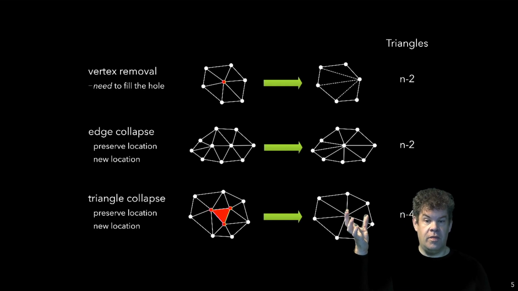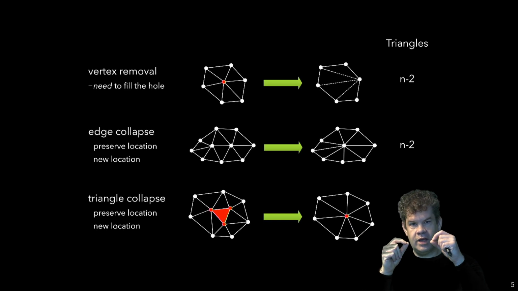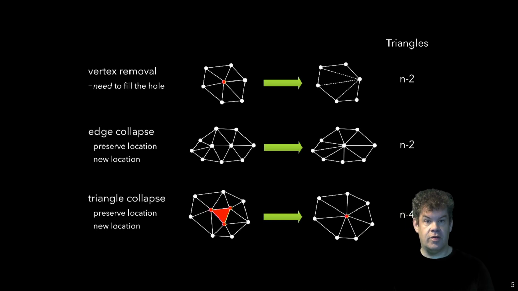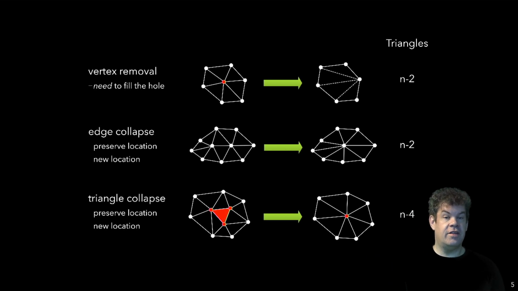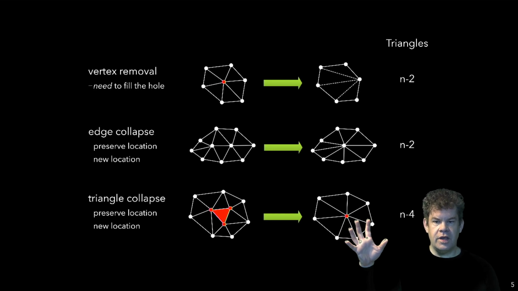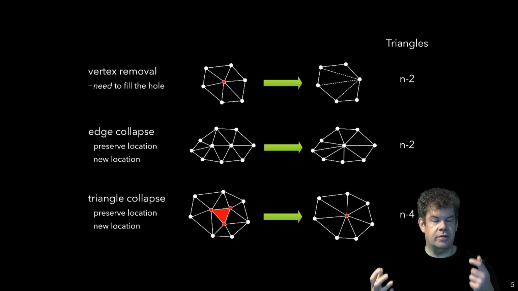For the last case, the triangle, you can think about this as taking 3 vertices and fusing them onto a single point, in the process removing a triangle, and not just a triangle, but on average we end up removing 4 triangles. If you think about this for a second, you'll easily figure out where those triangles are lost.